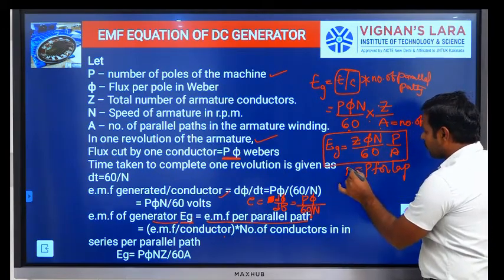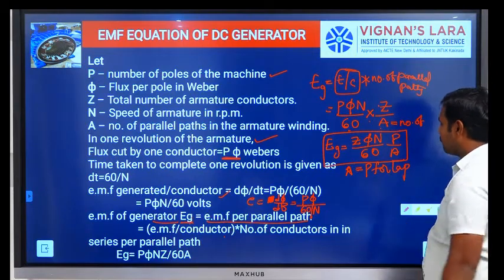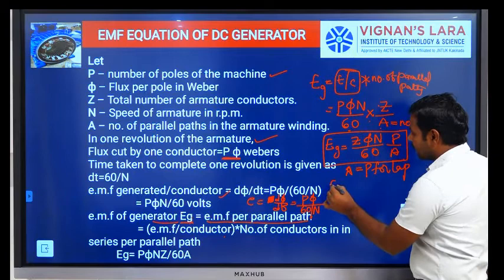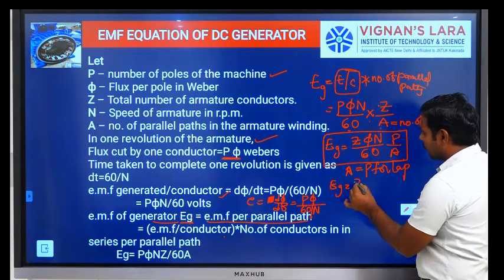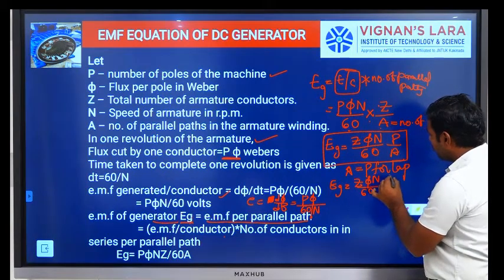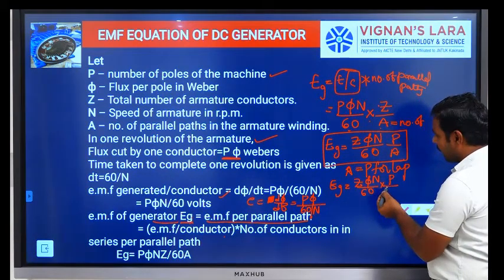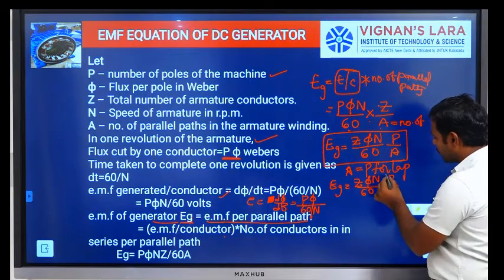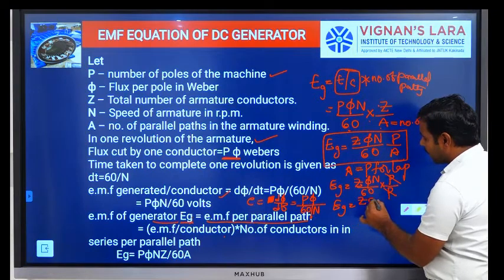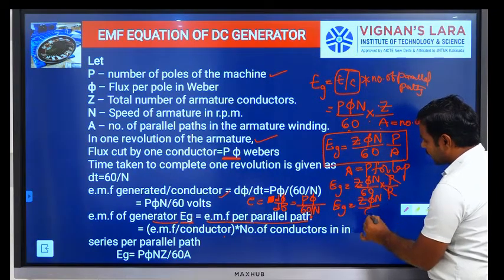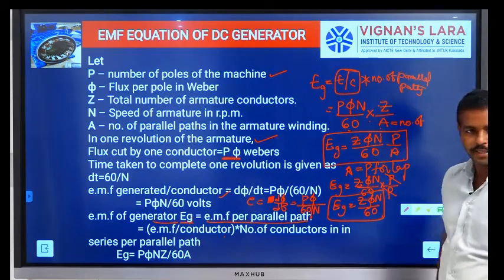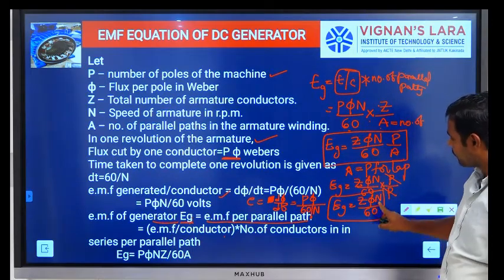Substituting in EG equal to Z into phi into N by 60 into P divided by A, A is equal to P, so this cancels. So EG is equal to phi Z N by 60 when we use lap winding.